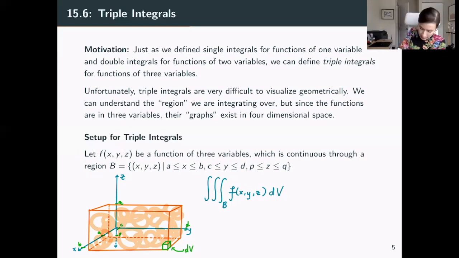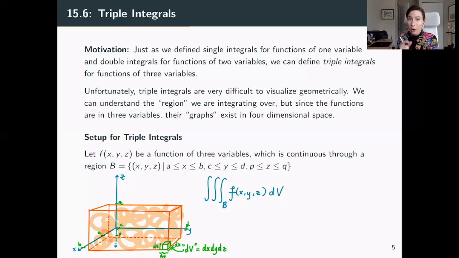And dV is going to consist of the change in x, dx, the change in y, dy, and a change in z, dz. So here we get dy. Here we have dx. And then for our top bit here and our height, we end up having dz.